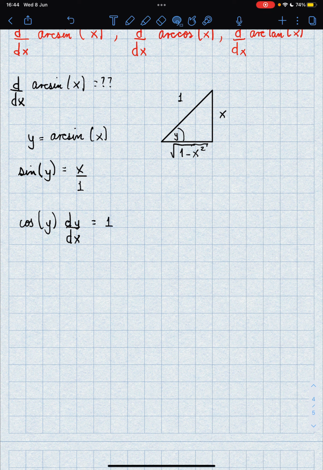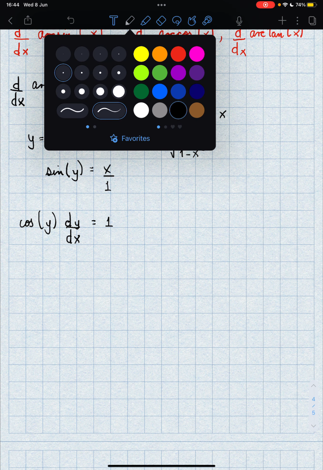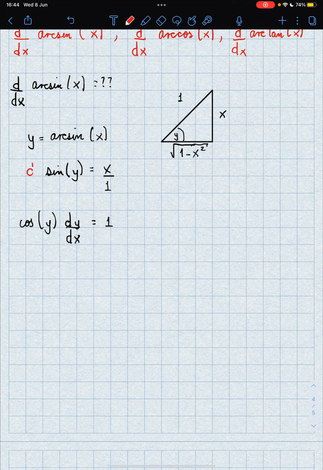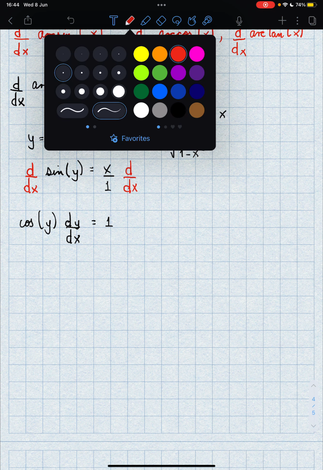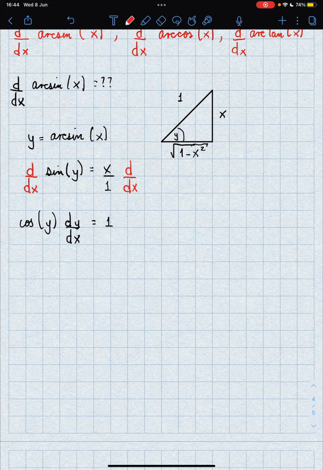Remember, in case you don't know, you have this expression and what you want is a derivative. So this is implicit differentiation.